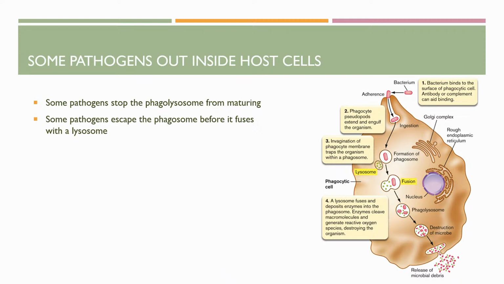Some pathogens can stop this phagolysosome from maturing, and it can then escape before it fuses with a lysosome. So it can replicate and do its thing in here and then escape. That's what Listeria monocytogenes does.